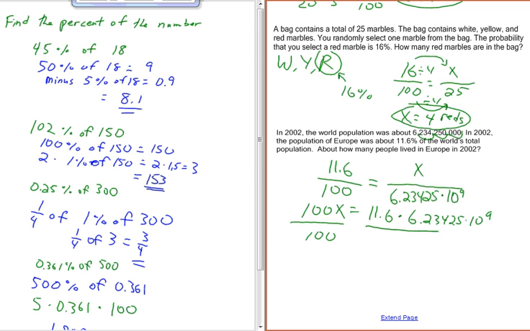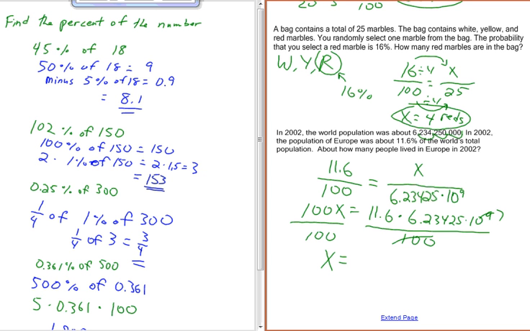Divide by 100. Dang it, typed it wrong. So use scientific notation here. All we have to do is make that a 7. So 11.6 times that times 10 to the 7. That's our answer.